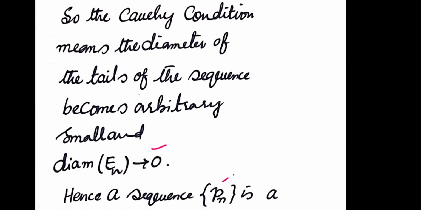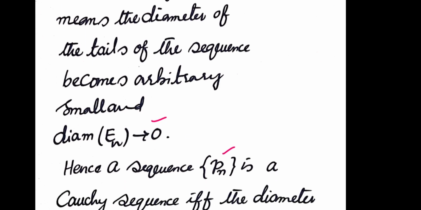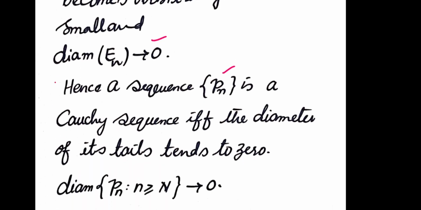Hence, this is the last line that will clear this concept: a sequence Pn is a Cauchy sequence if and only if the diameter of its tail tends to 0. That is, the diameter of E_N approaches 0 as N goes to infinity.